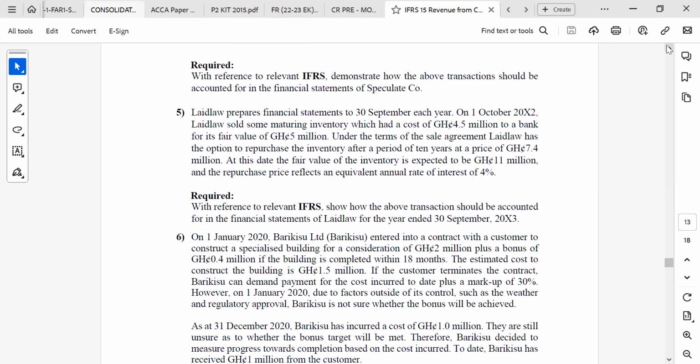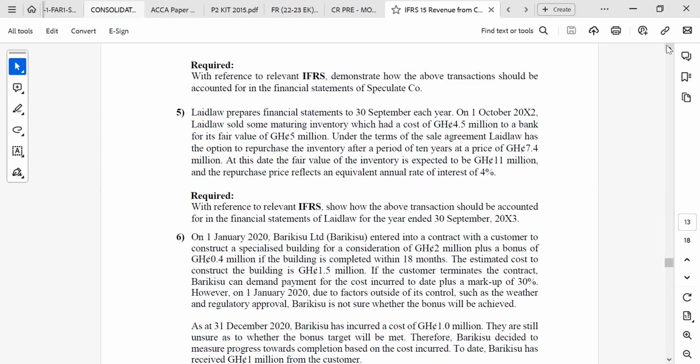Laidlaw prepares financial statements to 30 September each year. On 1 October 20x2, Laidlaw sold some maturing inventory, which had a cost of 4.5 million, to a bank for its fair value of 5 million. Under the terms of the sale agreement, Laidlaw has the option to repurchase the inventory after a period of 10 years at a price of 7.4 million.